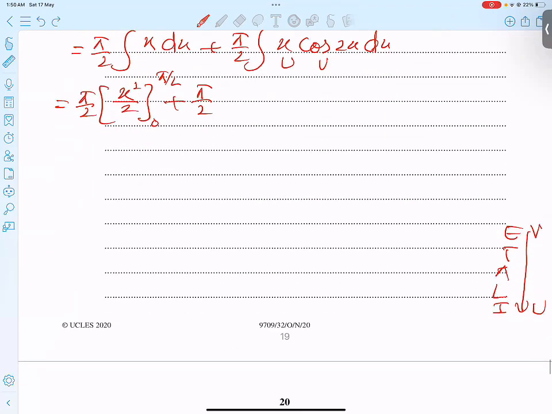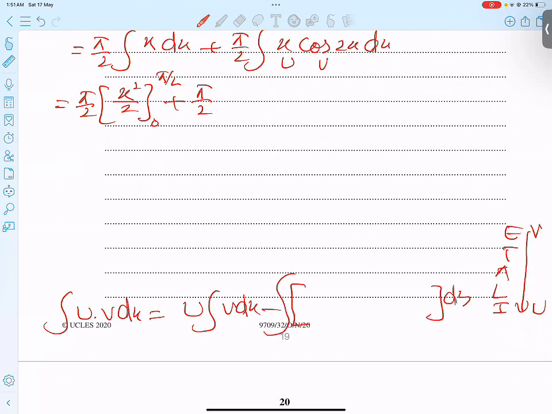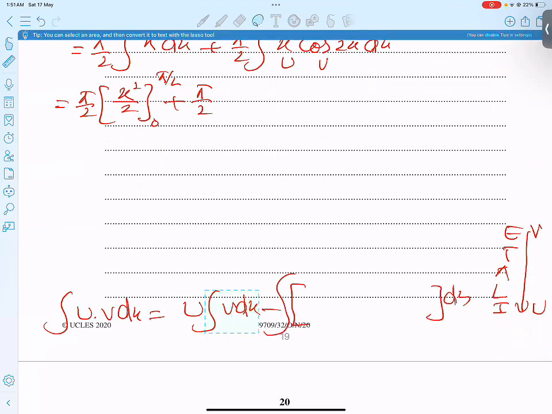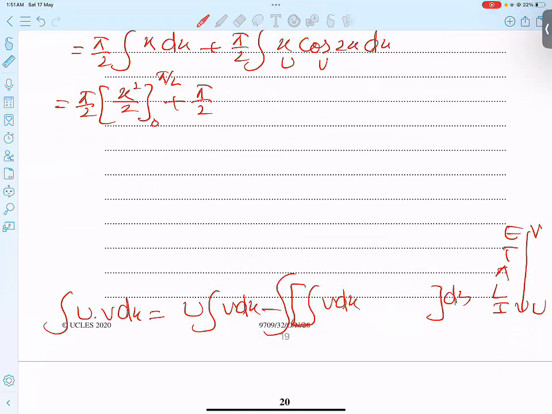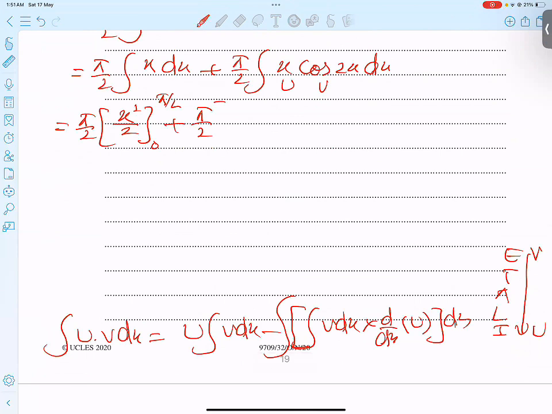So let's apply the formula. What is the basic formula? Integral of UV is U copy, integral of V, minus the big integral sign, bracket starts, bracket ends, and this integration I copy and paste here, times derivative of U. I apply the same here.